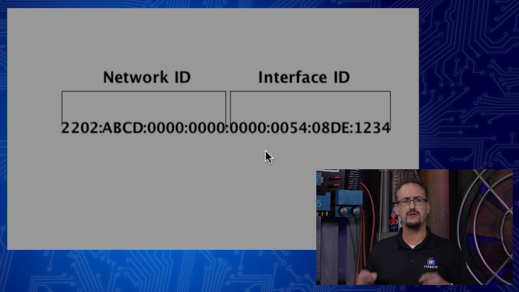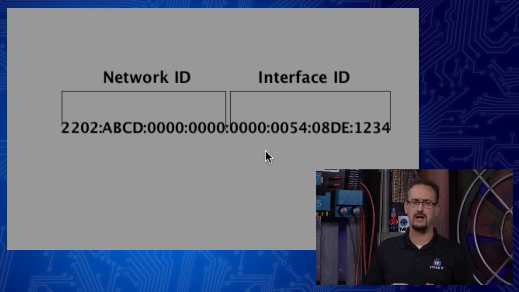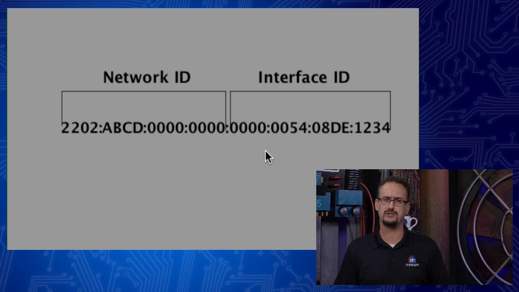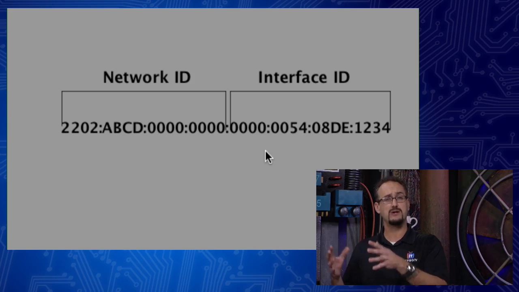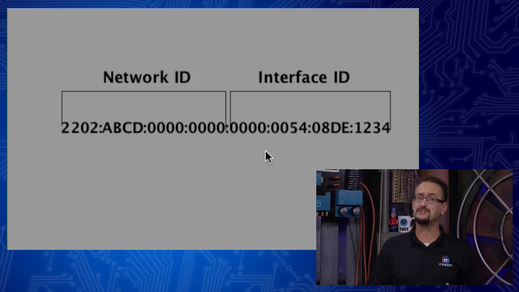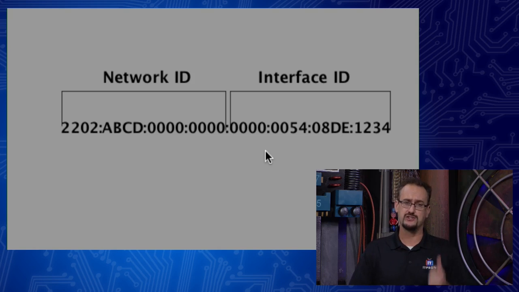Well, you have to know that with an IPv6 address, what we use is CIDR notation. CIDR notation essentially is just the slash at the end of it. It tells you how many bits are reserved for the network portion, and by default, you have 64 bits that are part of the networking. You have 64 bits that are part of what's known as the interface ID.